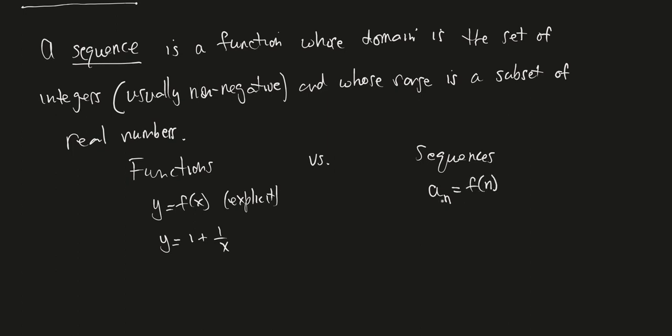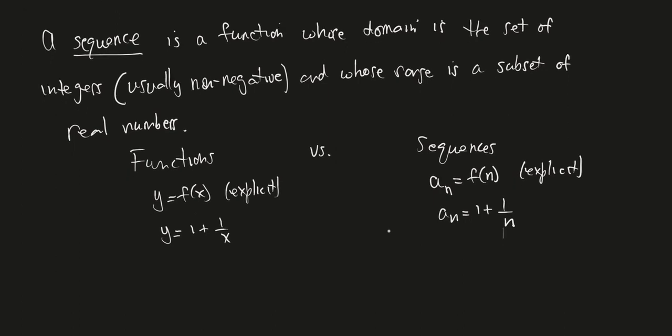You can use this f of n very similar to the way we use f of x, but alternatively, you'll see it written like this, where this is the name of the function and this is its variable. This is the independent variable, this is the dependent variable, and this is what it tends to look like in the explicit form. So for instance, if I wanted to make this a sequence, I might write it as a sub n equals 1 plus 1 over n.